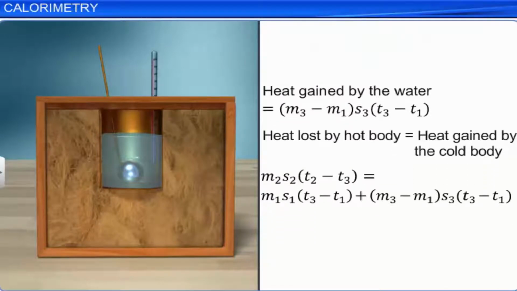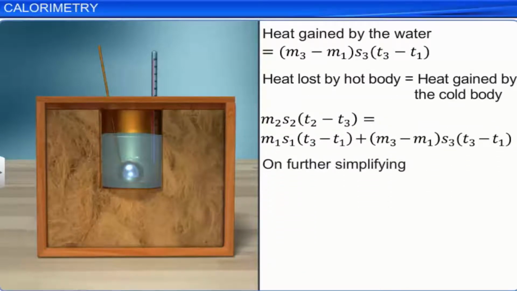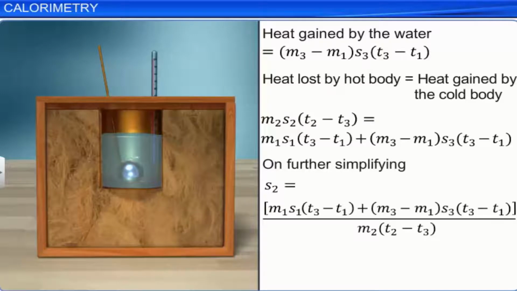On further simplifying, S2 equals [M1 into S1 into (T3 minus T1) plus (M3 minus M1) into S3 into (T3 minus T1)] divided by [M2 into (T2 minus T3)].